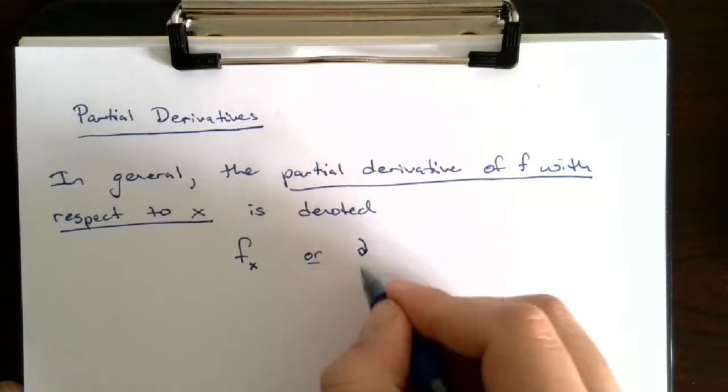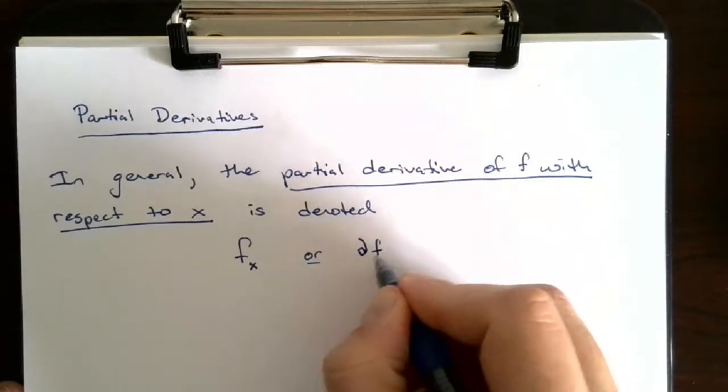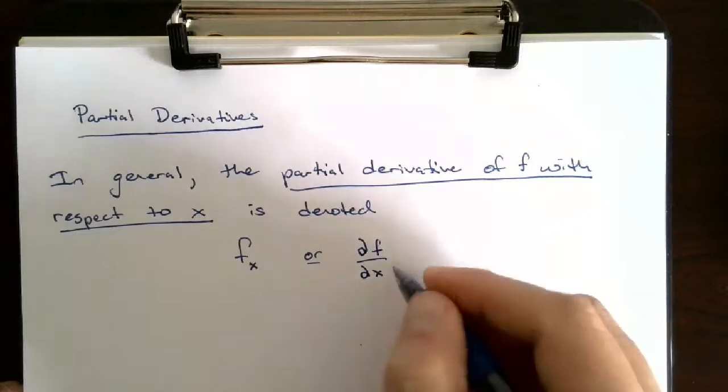For a partial derivative we use this curly d, so it's df dx, the derivative of f with respect to x.